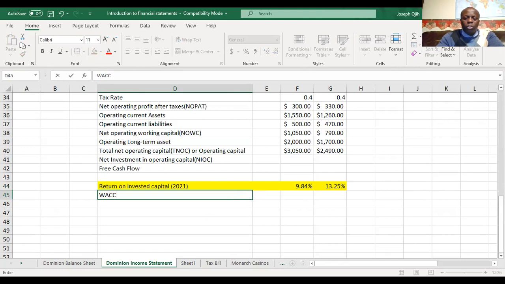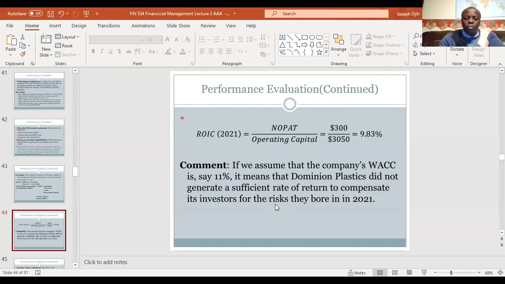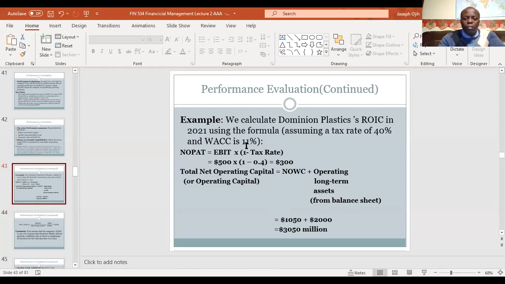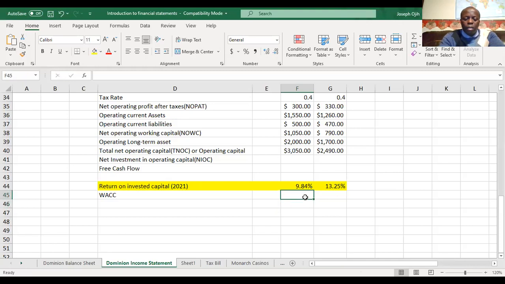according to the question, the cost of borrowing is 11%. And then the return on invested capital is 9.83%, which we can see from our calculation. So 11%, 11%, and 11%.